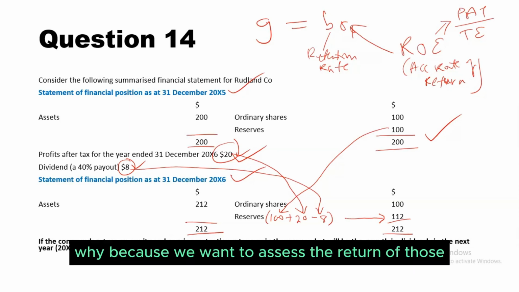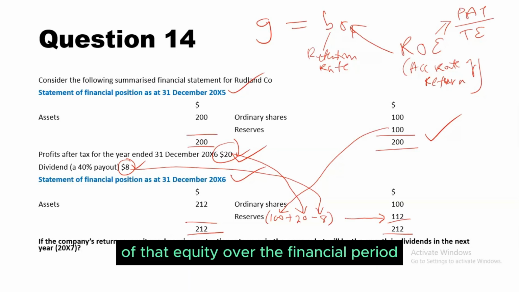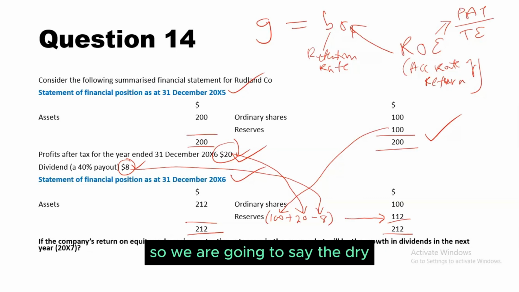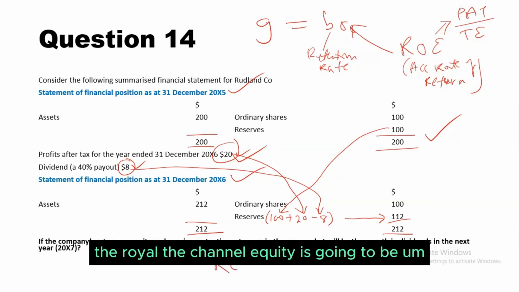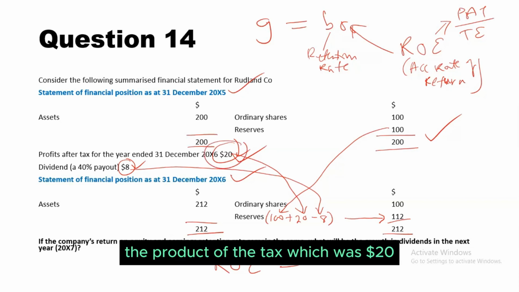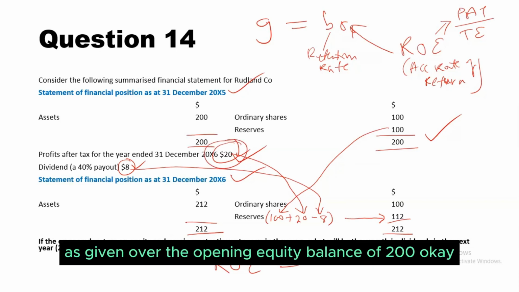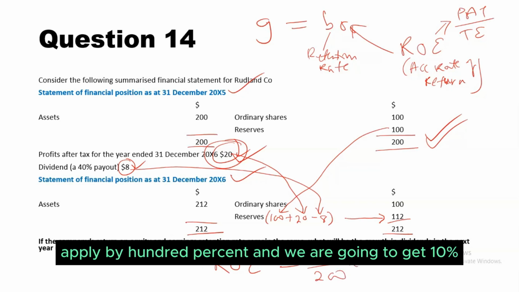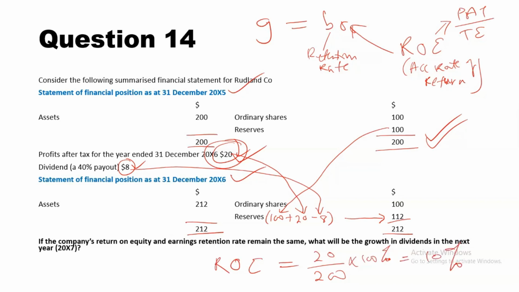Because we want to assess the return on that equity over the financial period. So the ROE is going to be the profit after tax, which was $20, over the opening equity balance of 200, multiplied by 100%, and we get 10%.